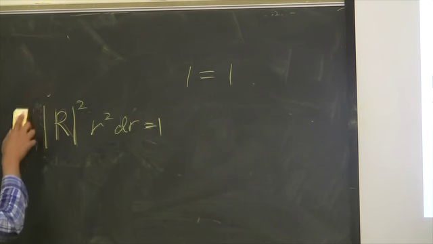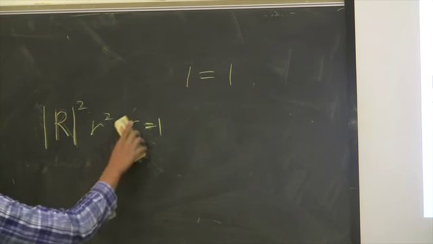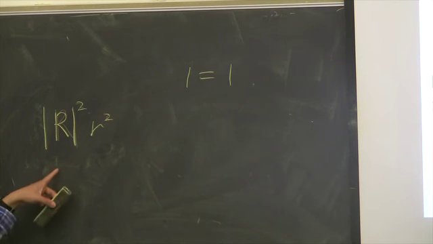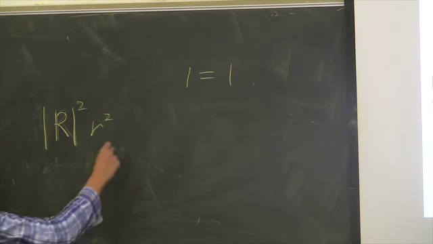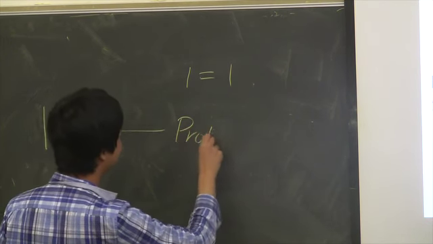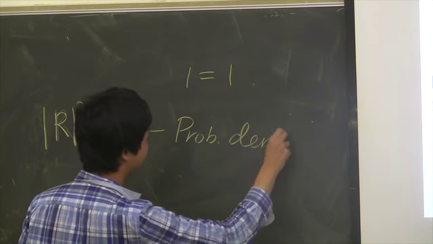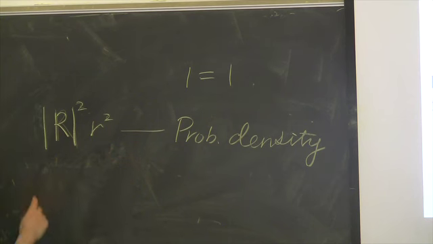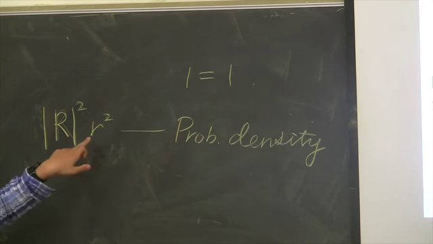We know the integral does not work. It will give you just a constant. And this is what? Probability density, remember? That's actually the probability density. It tells you the probability at each given r value.